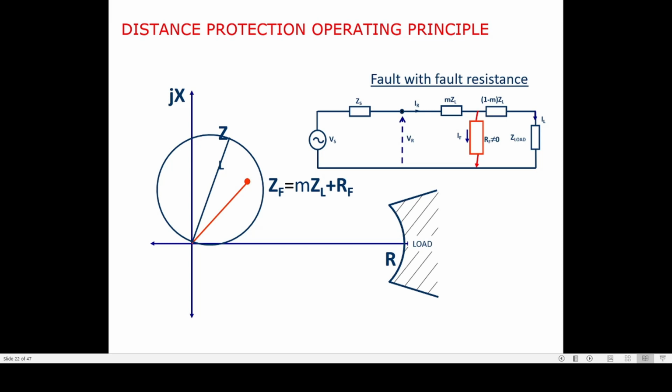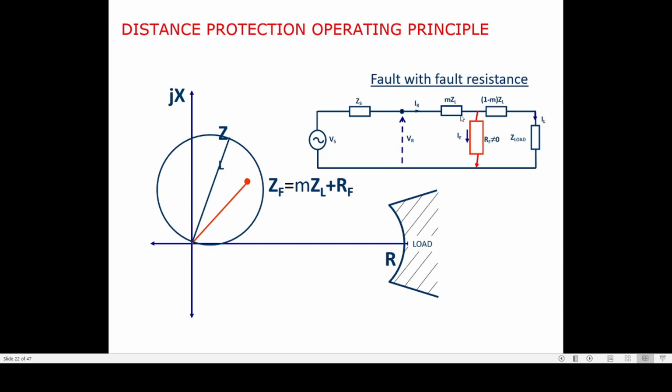But for the time being, consider that we are using a relay, the setting of which is drawn in such a way that you have drawn a circle passing through the origin, and the diameter of this circle is equal to the total line impedance from substation A to substation B. Now, in case there is any fault, the impedance measured by the transmission line relay at this relaying point will fall on this line angle or this line impedance value.